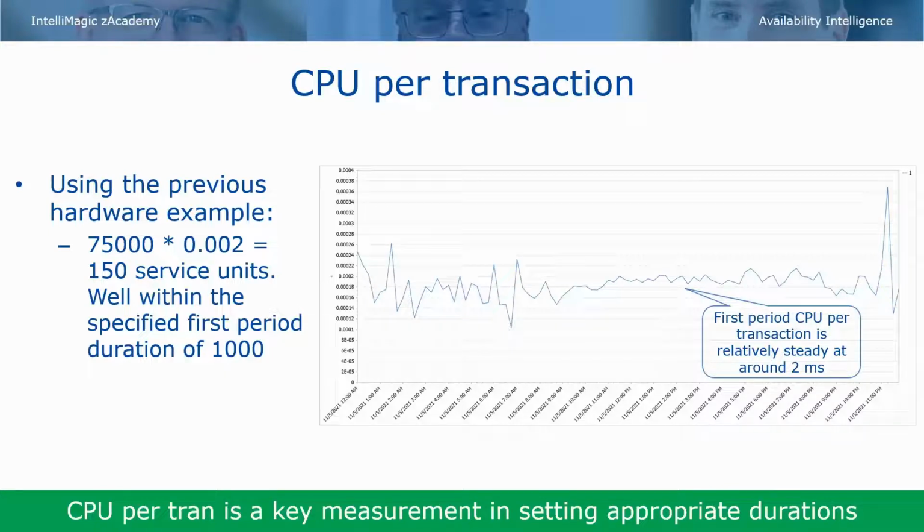And this chart is a 24-hour view, so it's not really surprising to see more variation at night. We could tighten that up or just ignore that. During the day, which is likely when we most care, the CPU per tran is pretty steady, in this case, right around 2 milliseconds. This is something that we can reference right out of the gate.